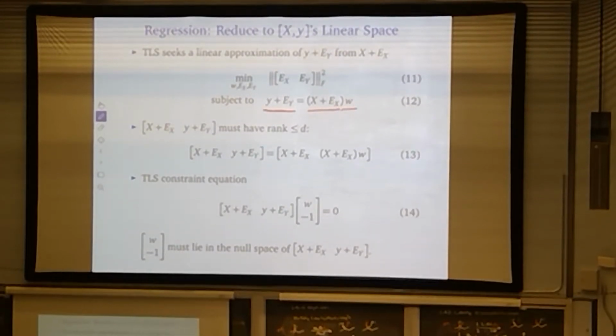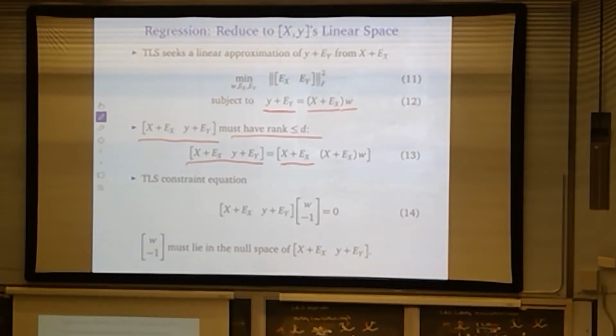And if you look at this joint, if I look at the joint representation between X and Y, it must have rank less than D, because this thing can be written as X plus EX, and the Y is just a linear combination of, if here you have a bunch of columns, and this Y is just these columns, a linear combination of this. So this is not going to add anything new to whatever the rank it has, right?